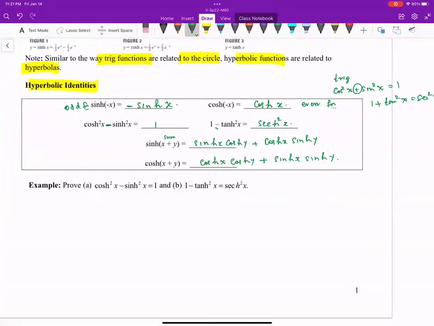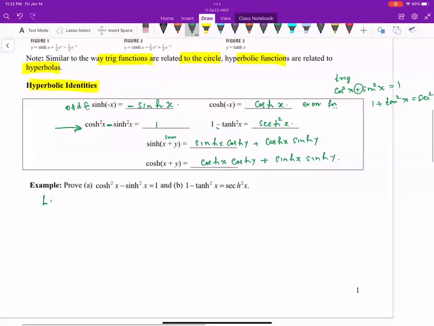Prove cosine hyperbolic square minus sine hyperbolic square equals 1. Anytime you prove an identity, you have to start from one side and arrive at the other side. Let's start with the left side. Cosine hyperbolic square x minus sine hyperbolic square x, which is cosine hyperbolic x, the whole square, minus sine hyperbolic x, the whole square.